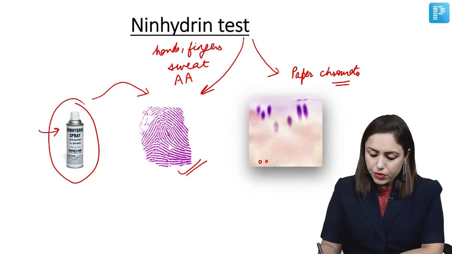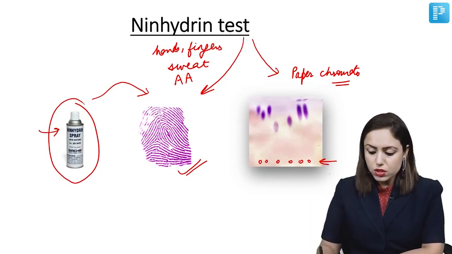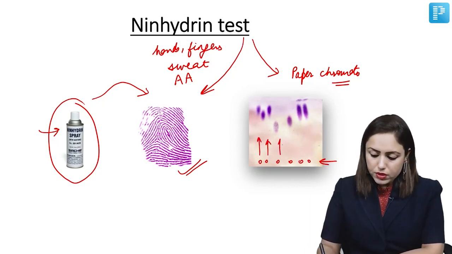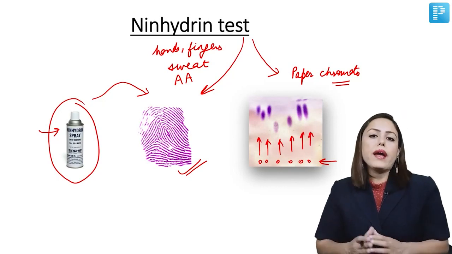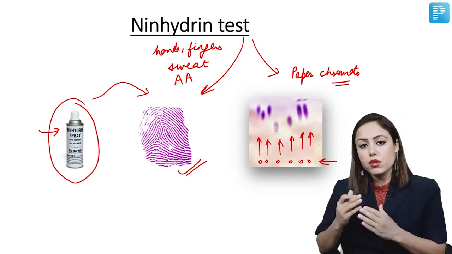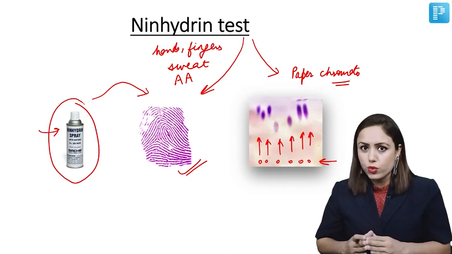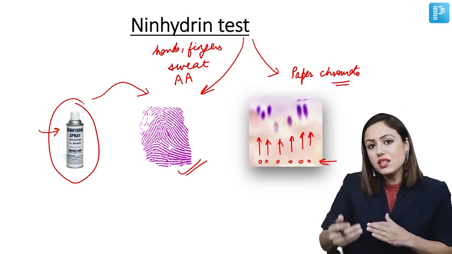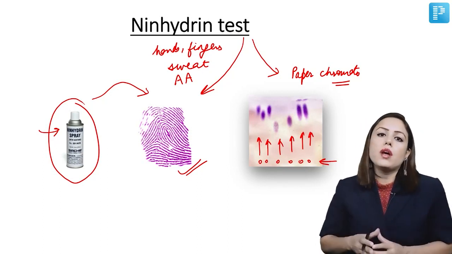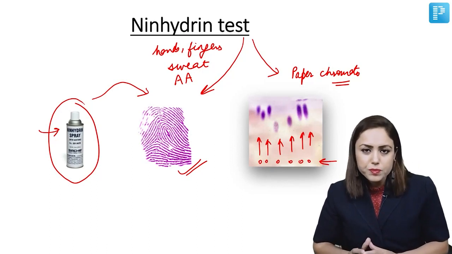So what happens, we apply amino acids here, and during this chromatography, amino acids move upward, and various interpretations we can conclude, right? Because we can see the amino acid using the ninhydrin reagent here, okay?